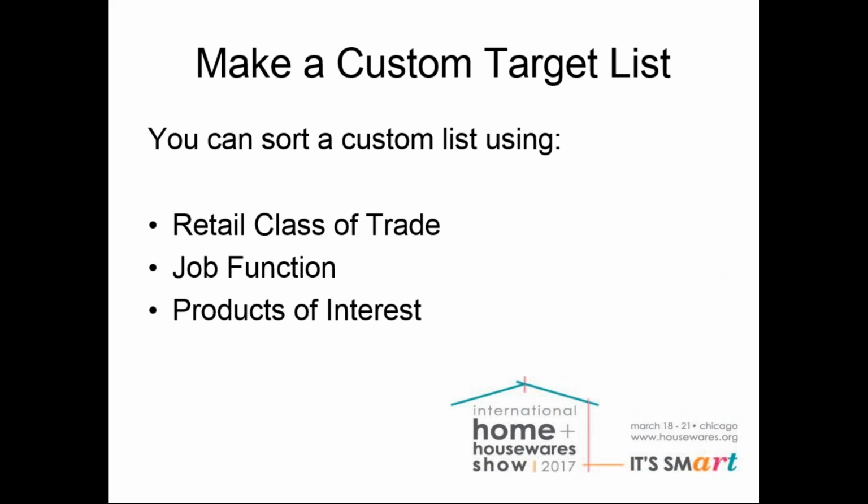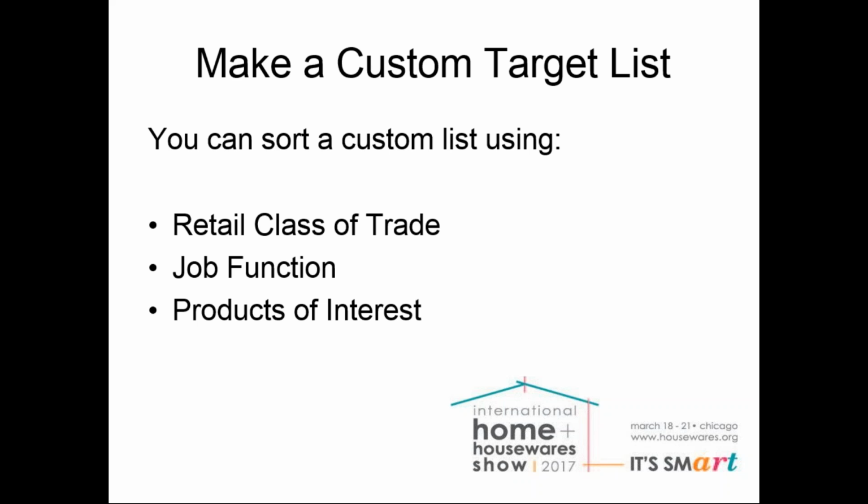And they include retail, class of trade, job function, product of interest, virtually everything that a buyer told us as they registered for the show is available to you, with one exception, and we'll talk about that a little bit later. But the list is there for you to sort, to create custom lists.